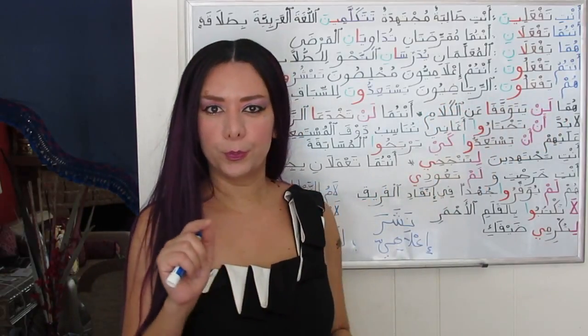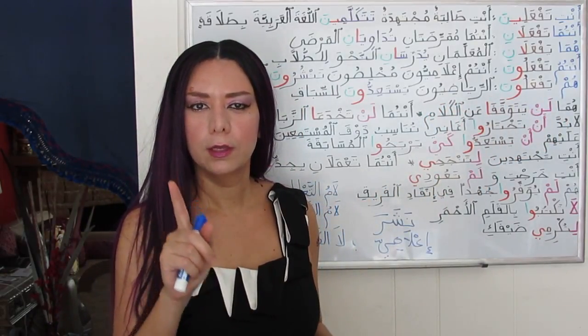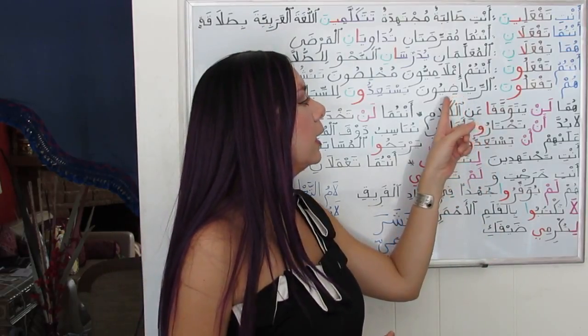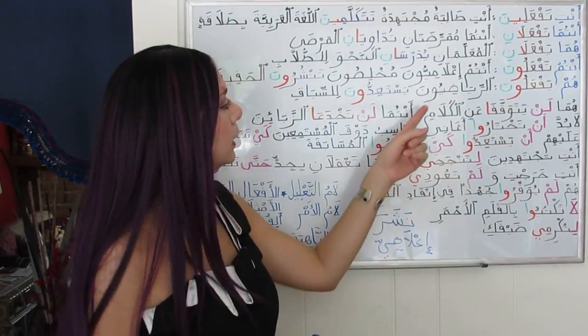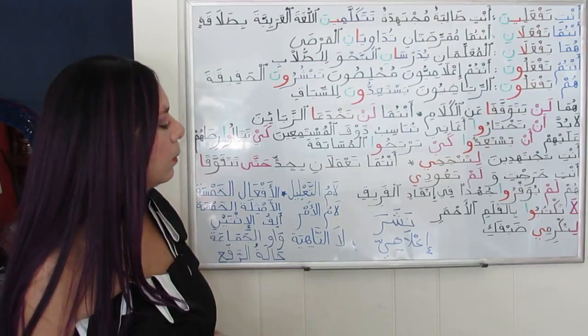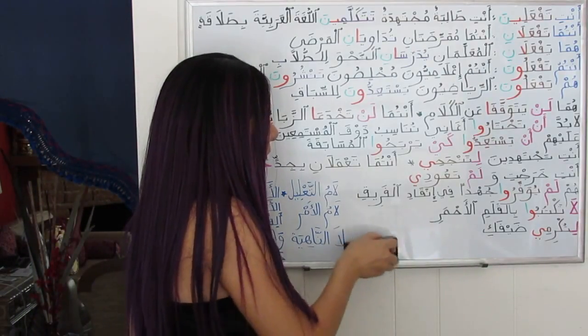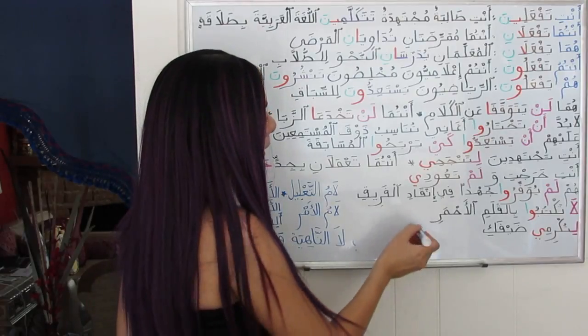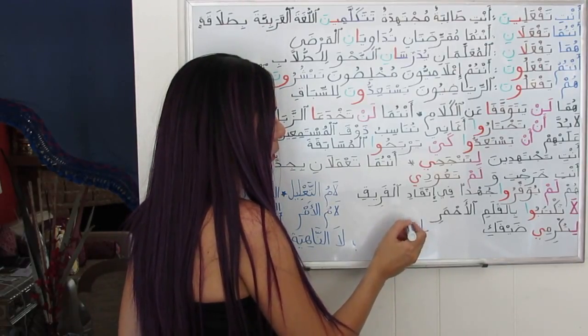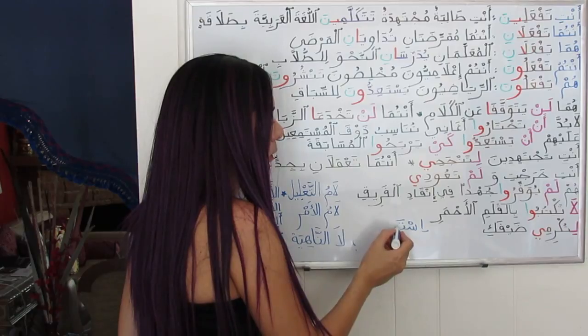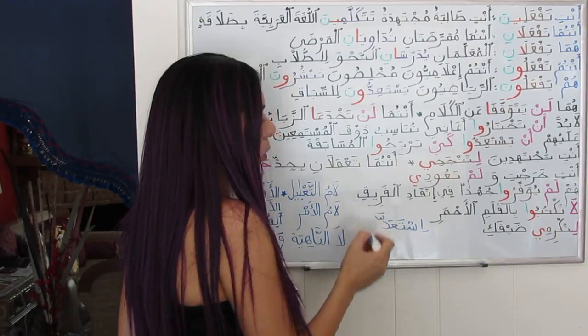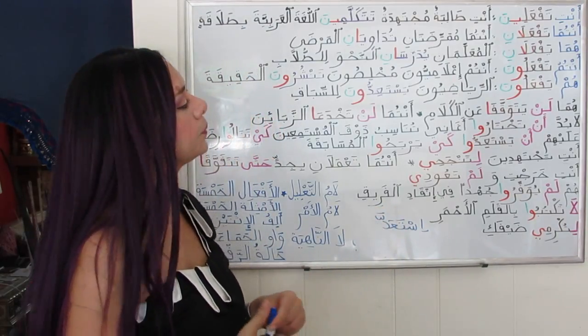هم, third person, plural, masculine. الرياضيون. Alright? الرياضيون يستعدون للسباق. استعد, form 10, to prepare or to get ready.